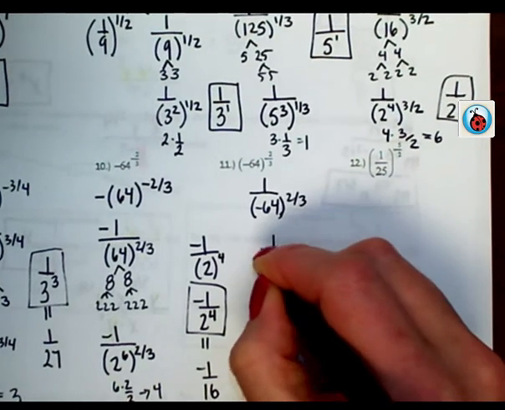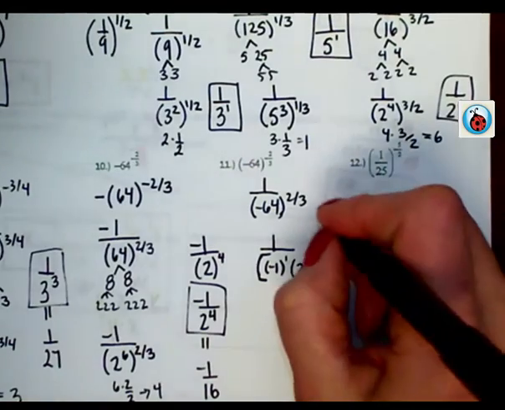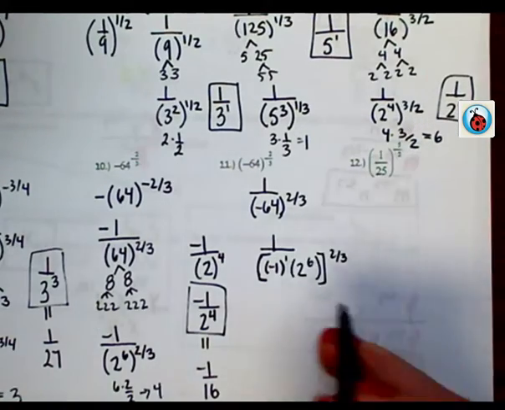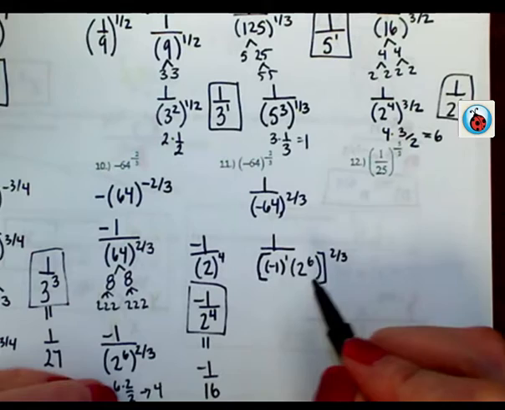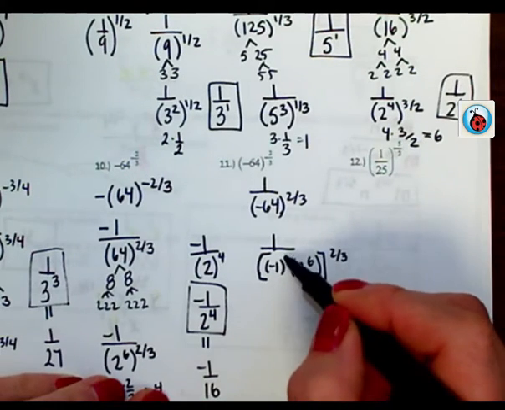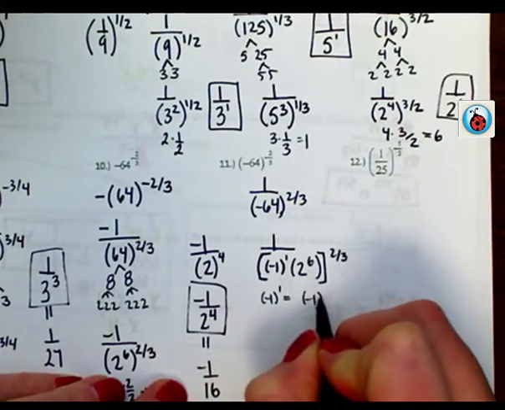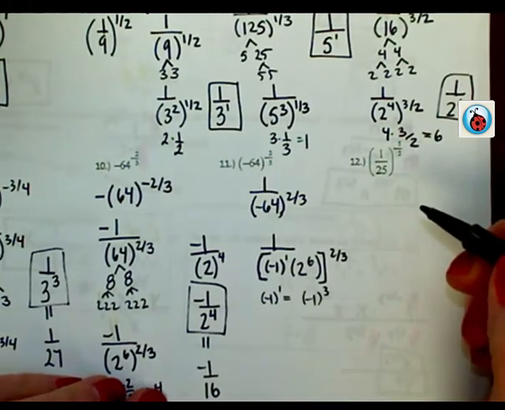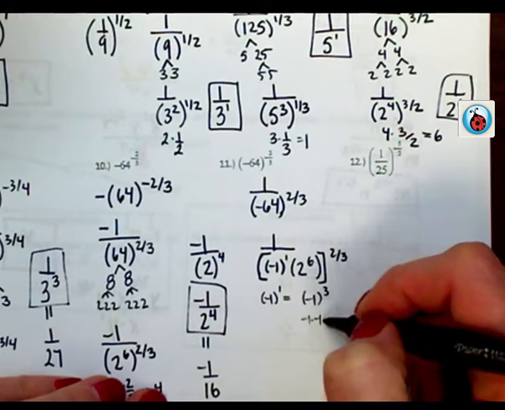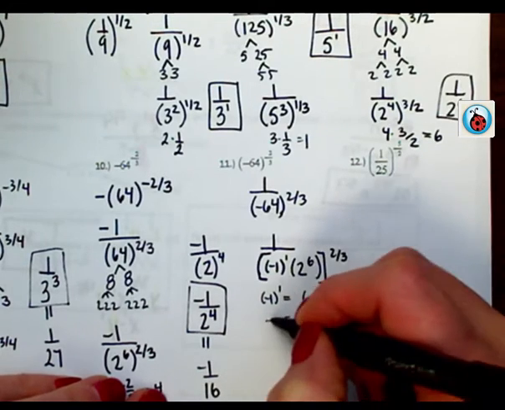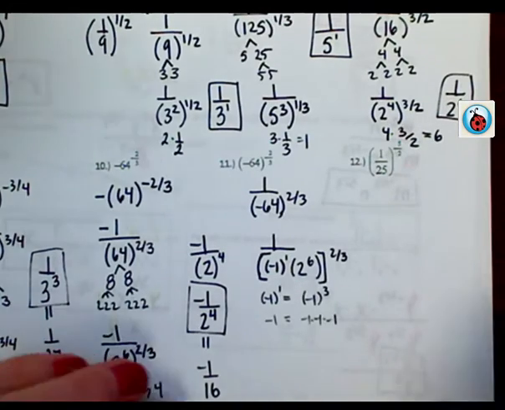Let's change this to brackets so we can tell where the grouping is, and leave my 2/3. Knowing that I'm about to distribute my exponent, I see negative 1 to the 1st. Keep in mind, these two things are equal, right? Negative 1 times negative 1 times negative 1 is actually still negative 1, okay?